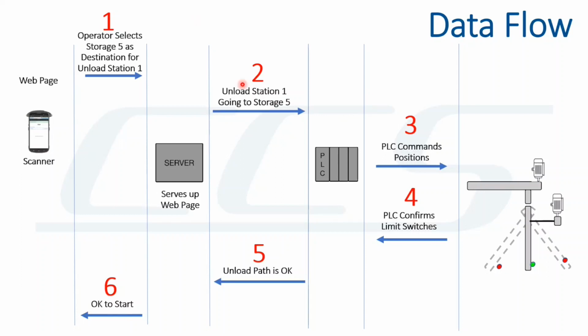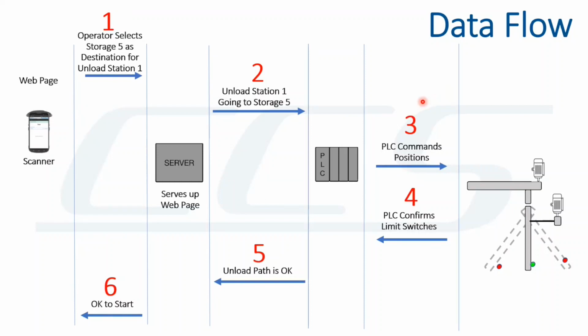And then step 2, the server sends the source, unload station 1, and the destination, storage hopper 5, to the PLC. This is telling the PLC to prepare the path. Step 3, the PLC then commands the diverter to go to the correct position.